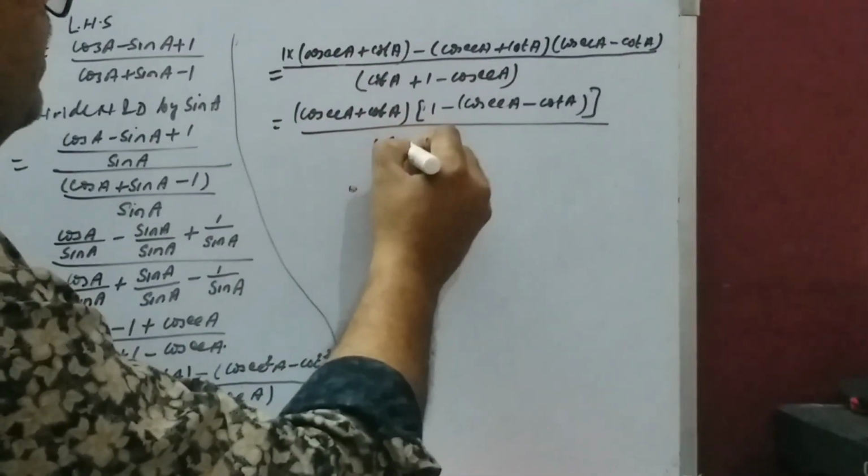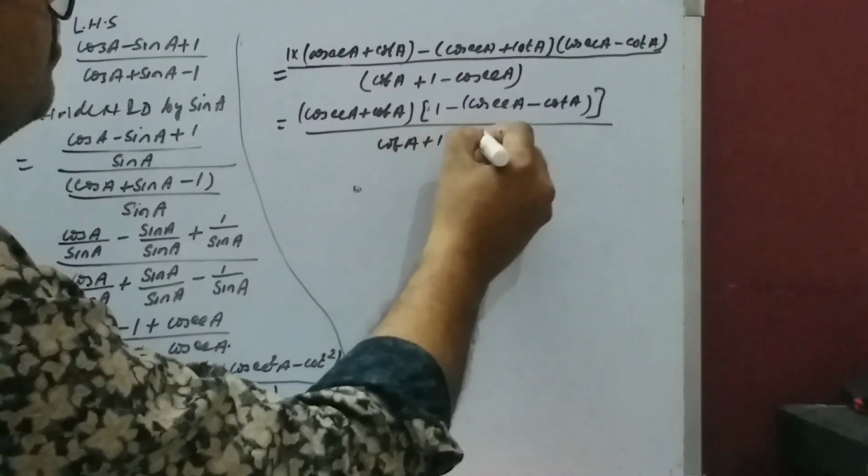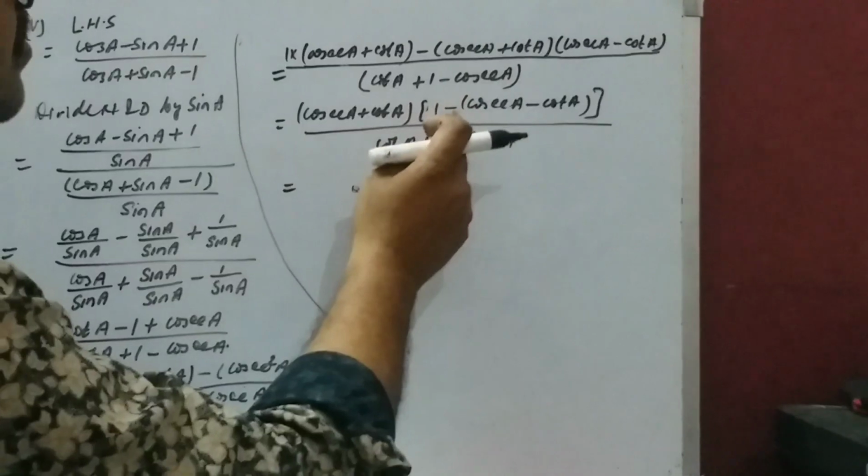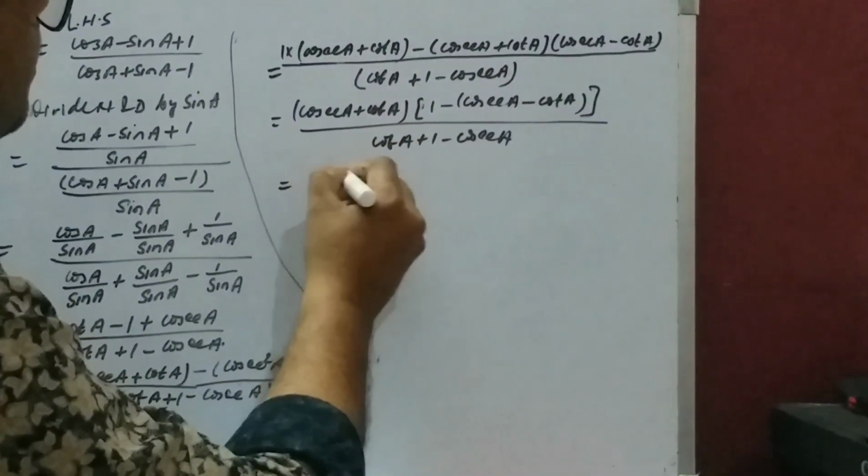And cot A plus 1 minus cosec A. Now open this bracket.